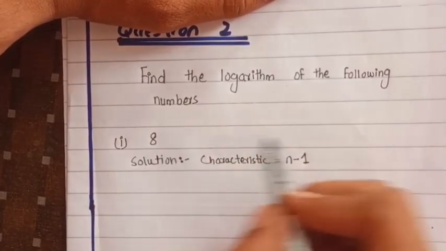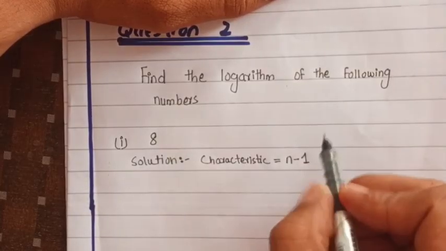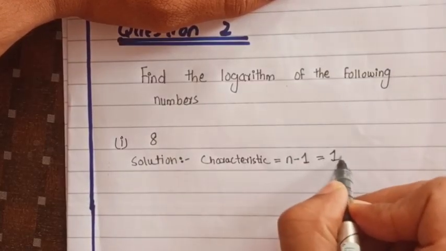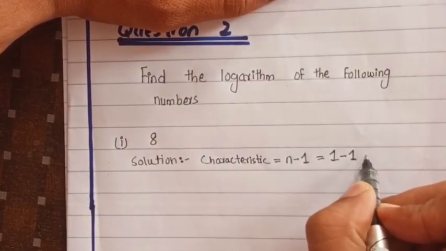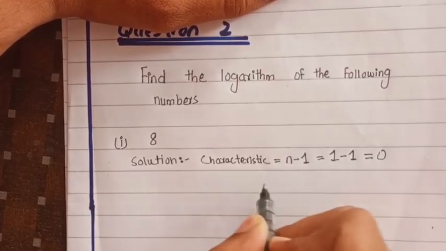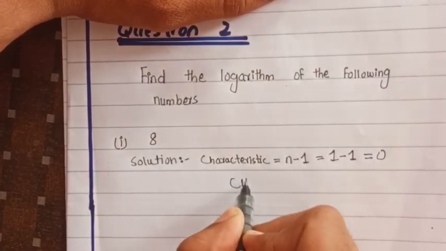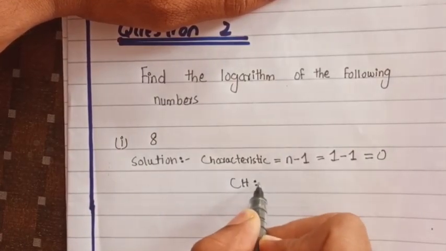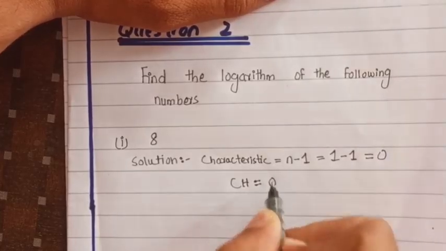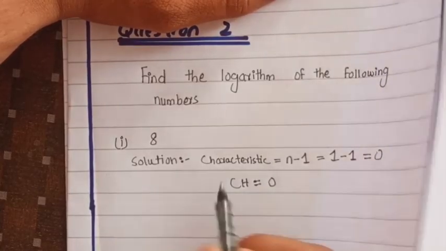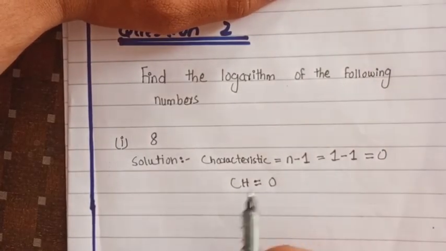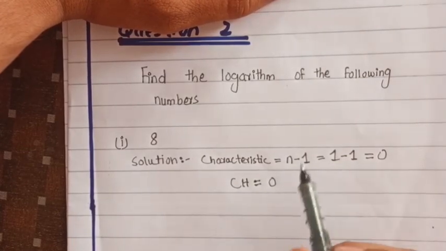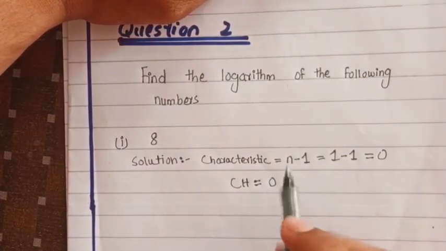The number of digits is 1, so 1 minus 1 is equal to 0. So the characteristic is 0. For the mantissa, I already told you the mantissa is the decimal or fractional part.